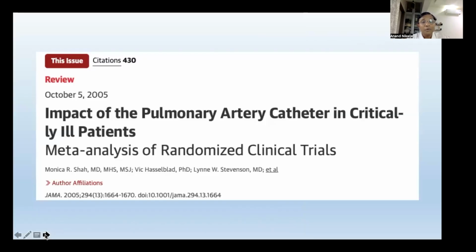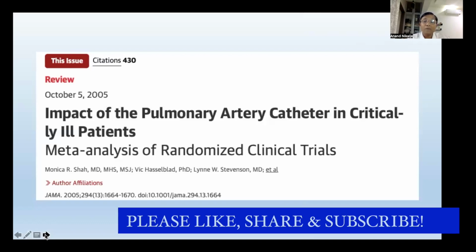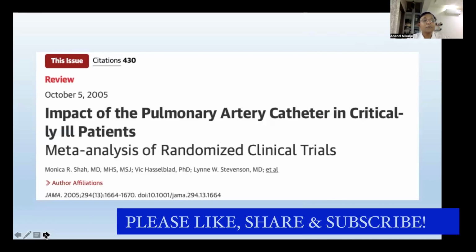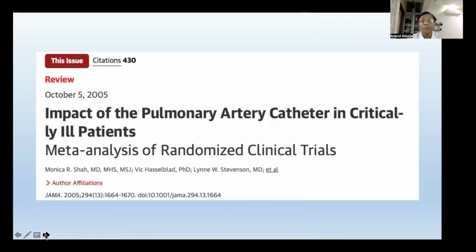So far, we actually learned that the pulmonary artery catheter is one of the most ideal tools to diagnose the type of shock, to monitor the patient in shock, and to treat the patient more objectively in ICUs or in theaters. This is a review published in 2005 in JAMA, and they assessed the impact of the pulmonary artery catheter in critically ill patients.